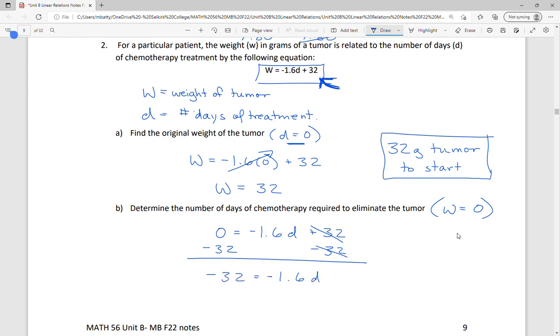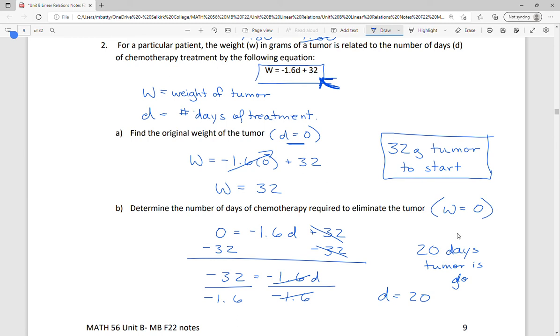And this one happened again where the D's happen to be now on the right-hand side. As long as they're only on one side, and we get just the D by dividing by negative 1.6, we have solved our equation. So I would use my calculator there. D is equal to 20, which means that in 20 days, the tumor is gone.